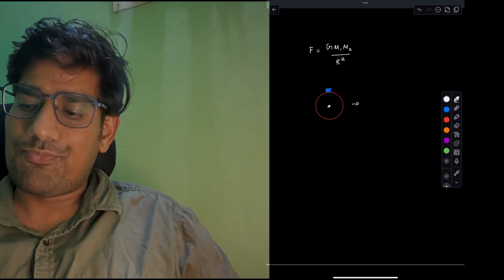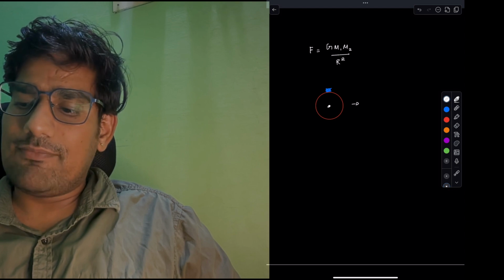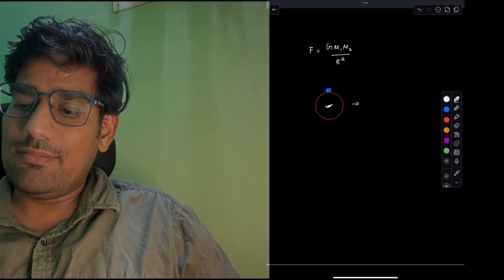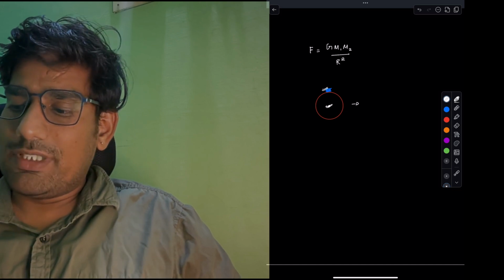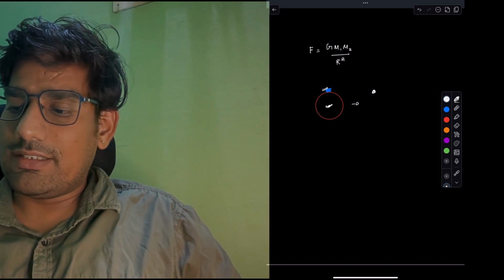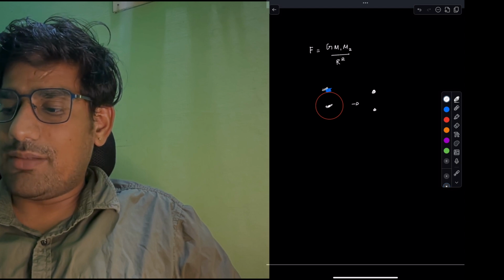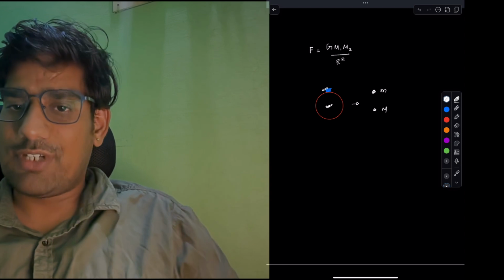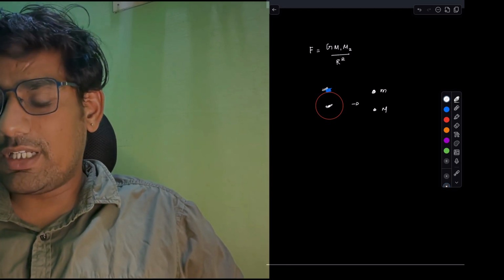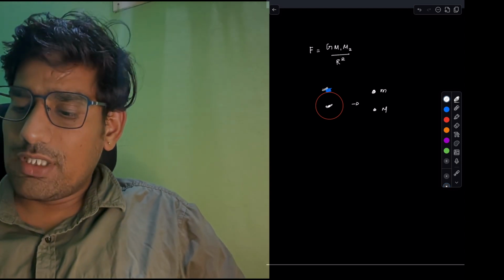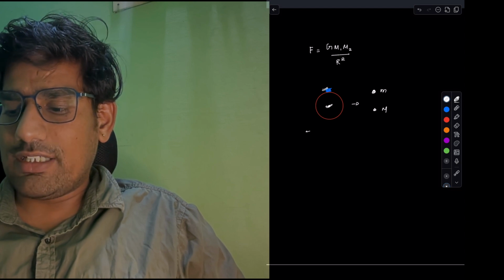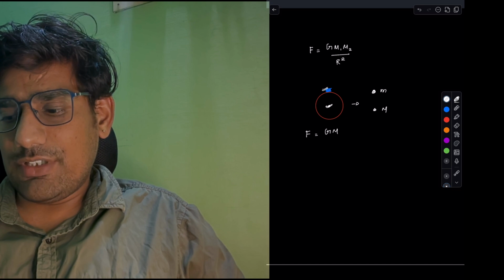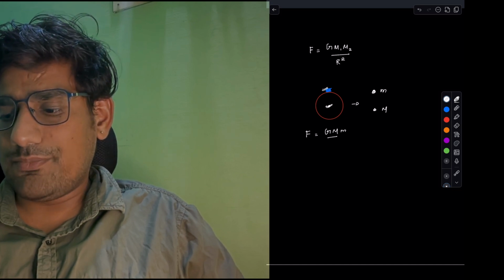So basically there are two masses: the capital M, mass of the Earth, and the small m, the mass which we have kept. Then the gravitational force acting is F equals G capital M small m divided by R square.